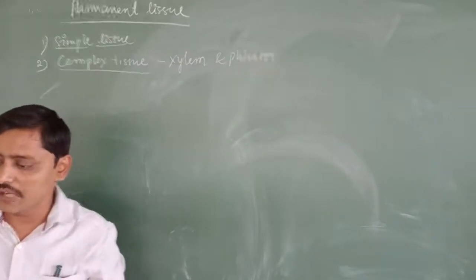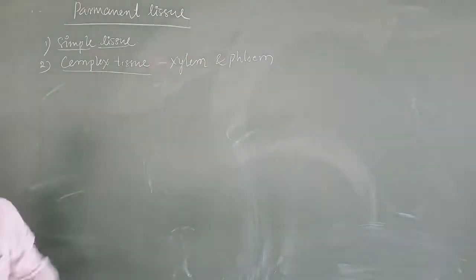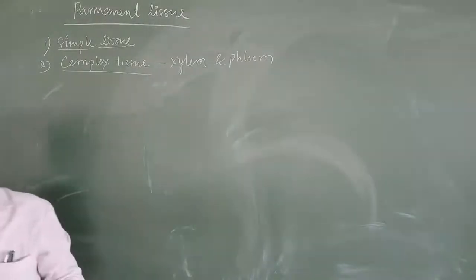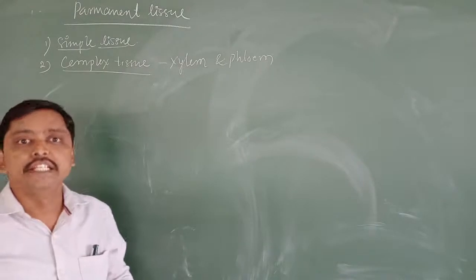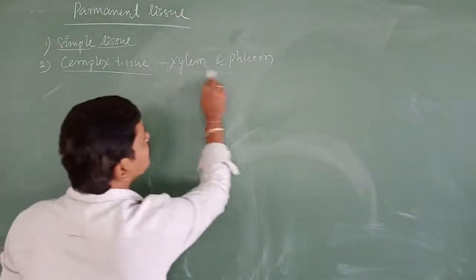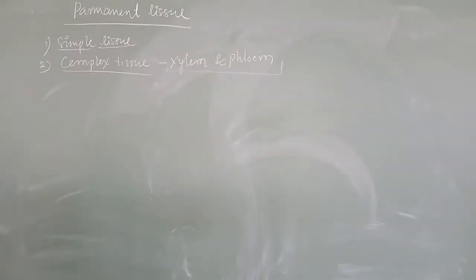So in today's class we are going to start discussing complex tissue. Here the complex tissue performs its function as a unit, and that unit consists of two kinds of cells which work together.